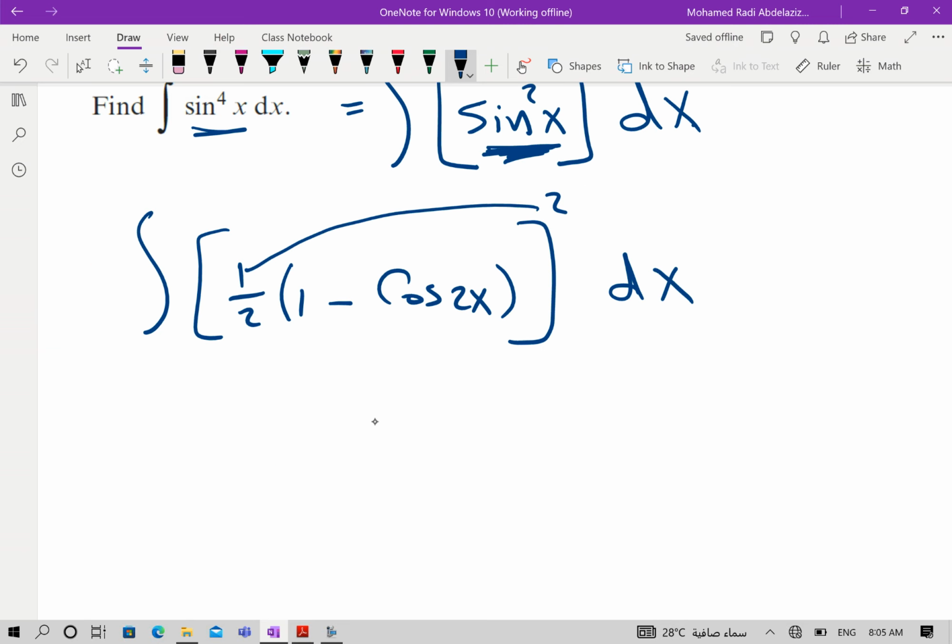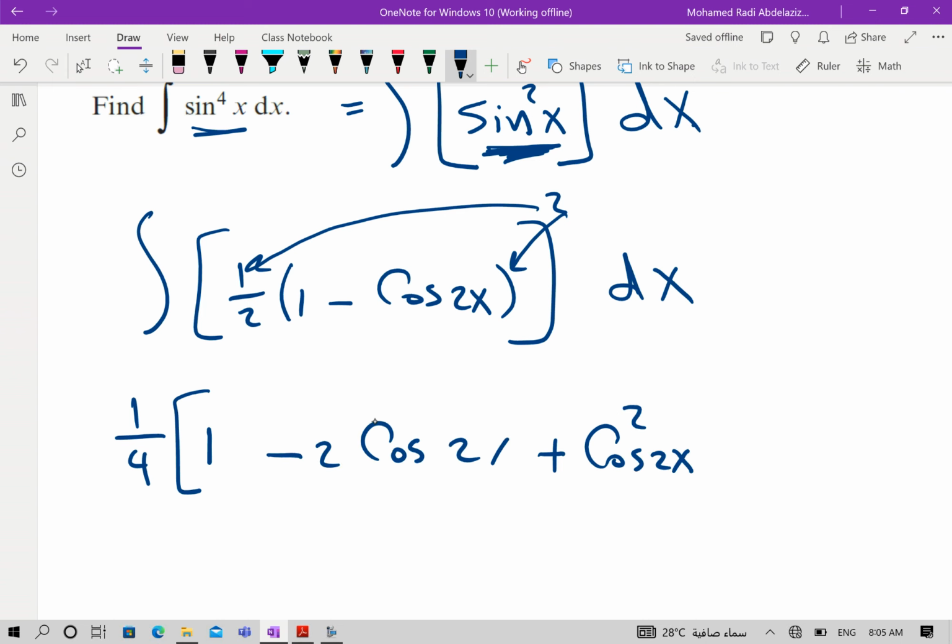Square 1 minus cosine 2x. 1 over 2 squared is 1 over 4. The first squared, the second squared, first by second by 2, cosine 2x by dx.